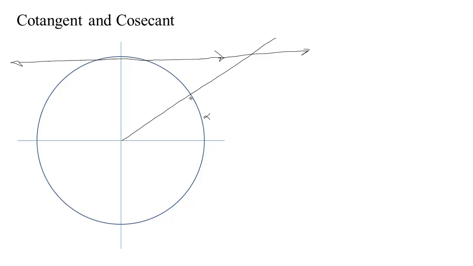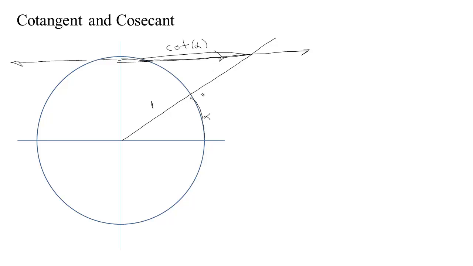Here's our angle alpha, right? And this is the unit circle, so that length is 1. And we'll define this component. This component here is going to be the cotangent of alpha. So how far along does this terminal ray of our angle intersect this horizontal tangent?